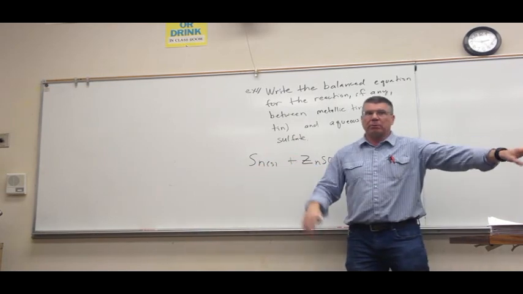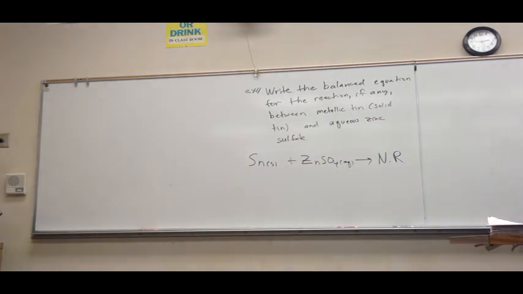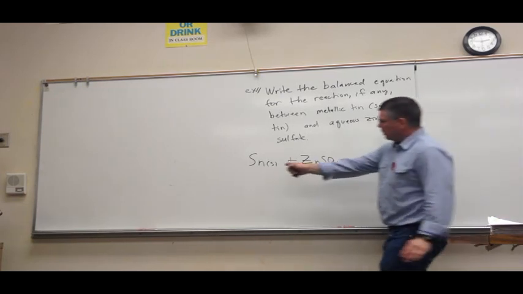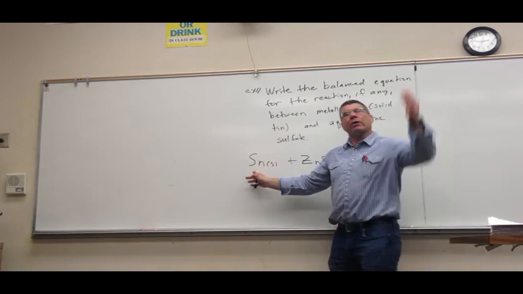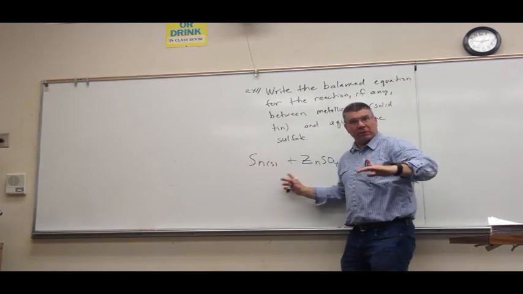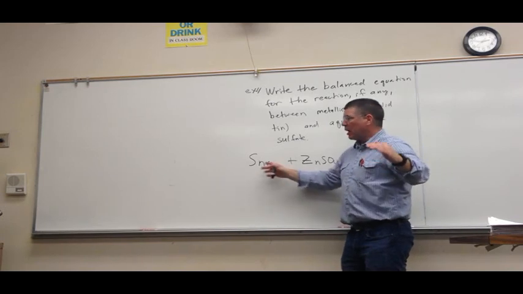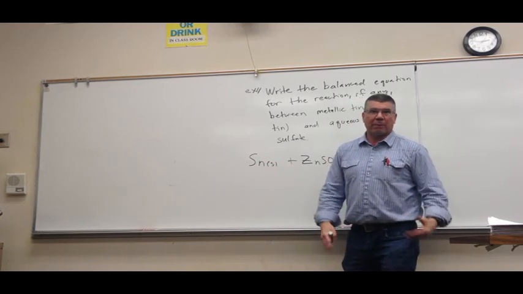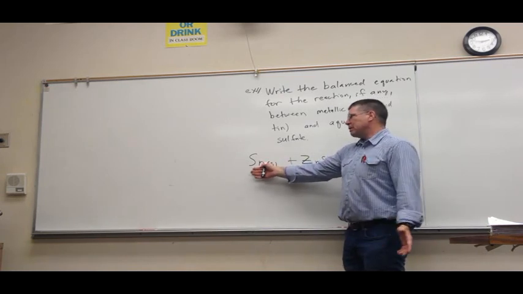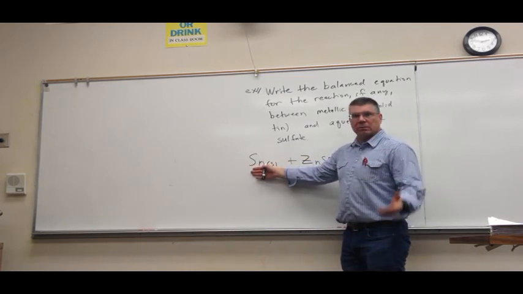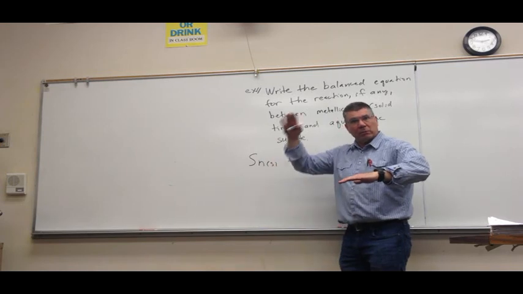But you just look up the metals, right? And so, in order for that reaction to occur, the metal that's in its elemental form by itself has to be higher in that table than the one that's in the compound. If it's not, then the reaction doesn't happen. And in this case, tin is lower than zinc in the table.